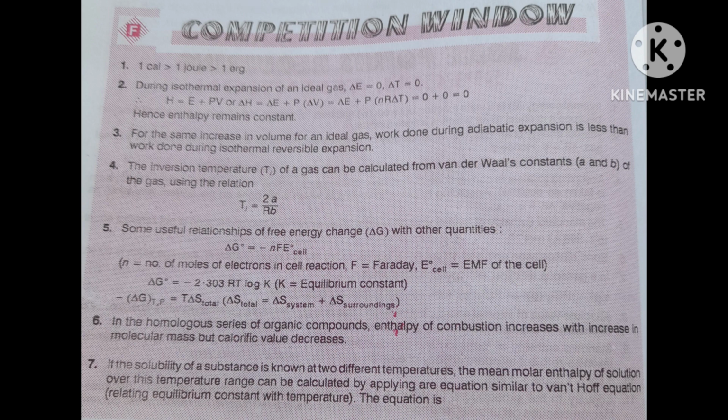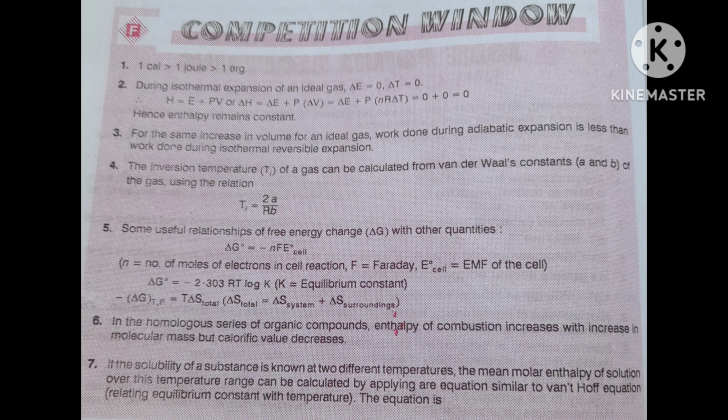Now the second relation: standard delta G is equal to minus 2.303 RT log K. Here K is the equilibrium constant. This relation is applied when the reaction is at equilibrium.